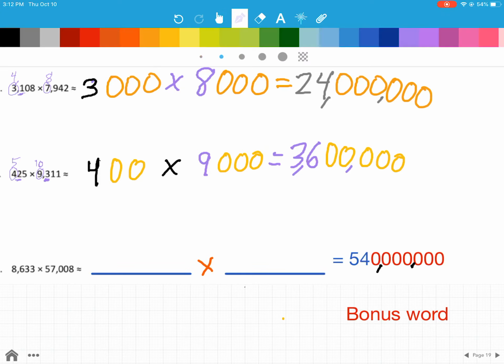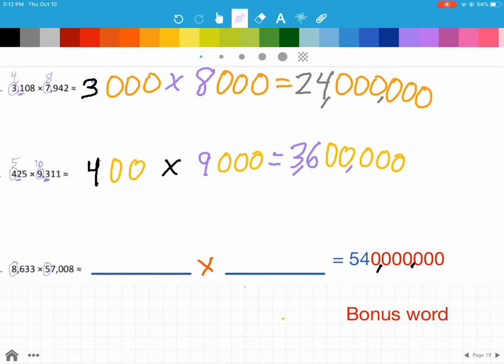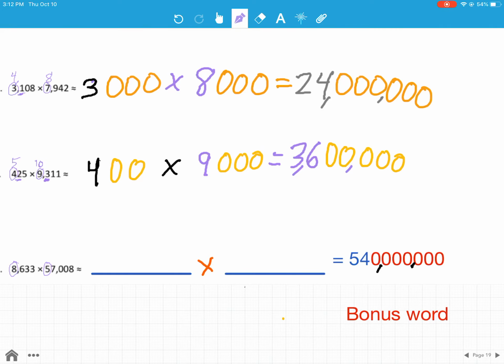Okay, so if you look closely, we have an 8 and a 5. If we look at 54, which is our answer here, how do we get 54 if we multiply? Well, I know I can do 9 or 6 times 9.